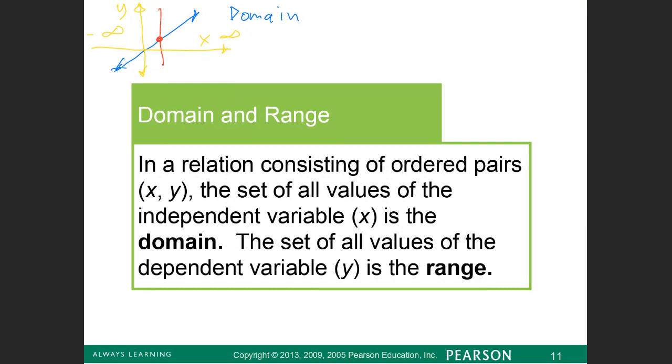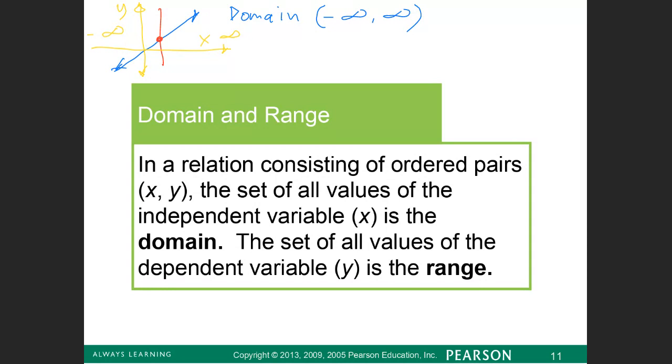Because the line occupies all the x values, that would be all real numbers for the domain. You can express this in interval notation: negative infinity to infinity. It means the interval from the smallest value, negative infinity, going to positive infinity, and that would be your domain for this graph.